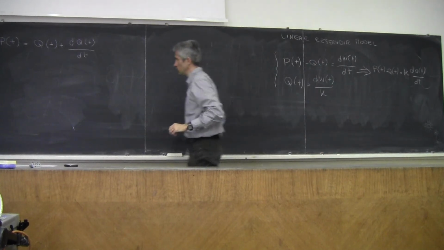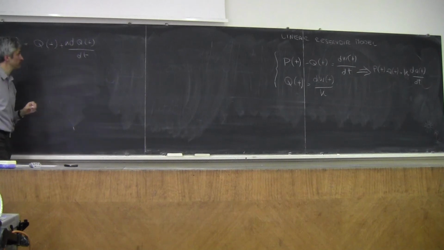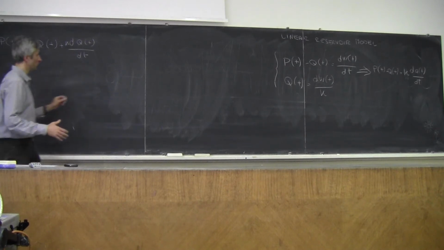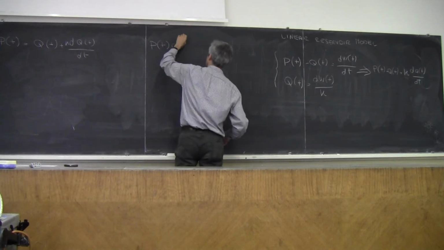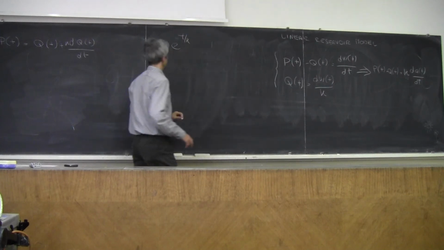Yes. You have to always check what I'm doing. In fact, I forgot a K here. Okay. Now, let me multiply both sides of this equation for e to the power of t over k.